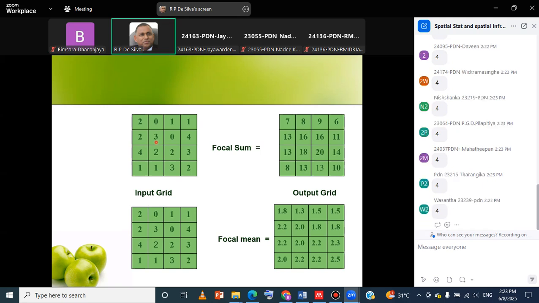But when you have a large raster with thousands of cells, you would find that only the boundary cells will not have eight-way connectivity. All the other cells will get eight-way connectivity. Right? You get the point. Only the boundary cells will not have the eight-way connectivity, but all the inner cells will find the eight-way connectivity.